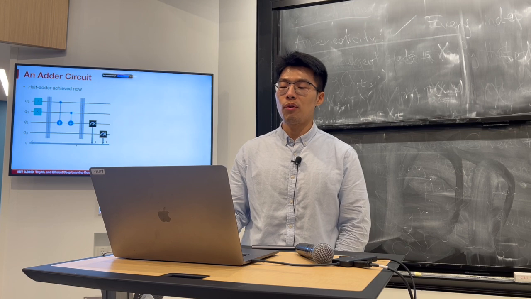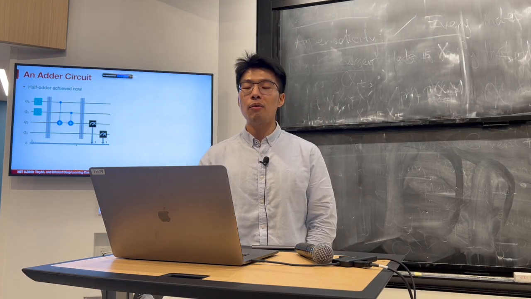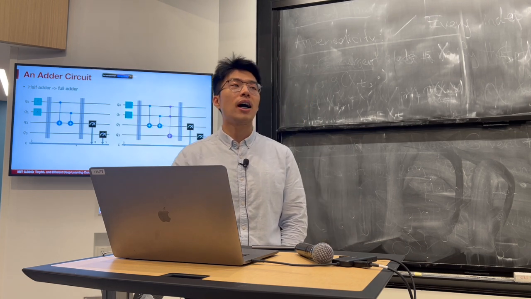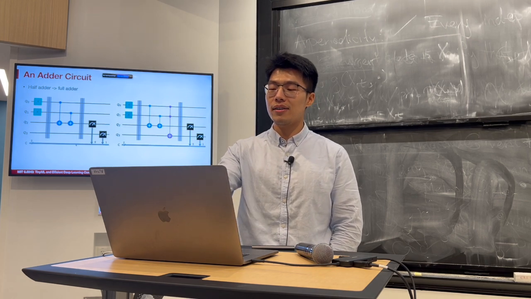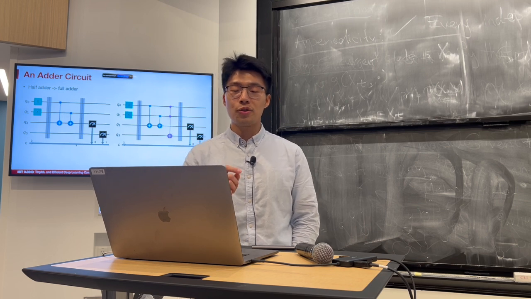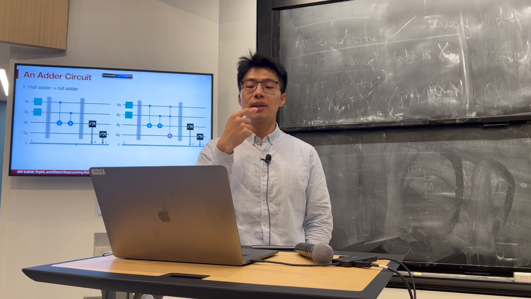So what happens if we also want to perform this half adder? Now we have this half adder, right? What happens if we also want to perform this full adder, which means we have to calculate this carry bit? In that case, we can also use this multi-controlled CNOT, based on the state of Q0 and Q1, to flip the Q3.